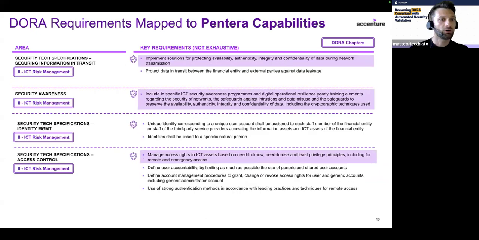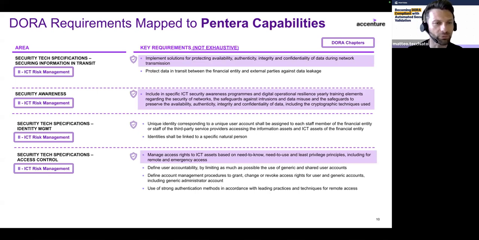Yeah. Also, the same approach can be used in the other sections. For example, there is a specific chapter requiring you to protect all the data, all the information that is being moved, in transit. So you need to enforce the encryption of this communication.